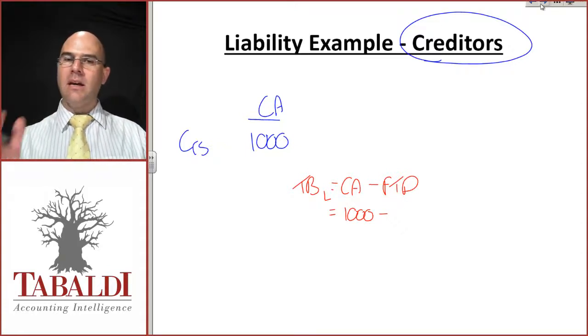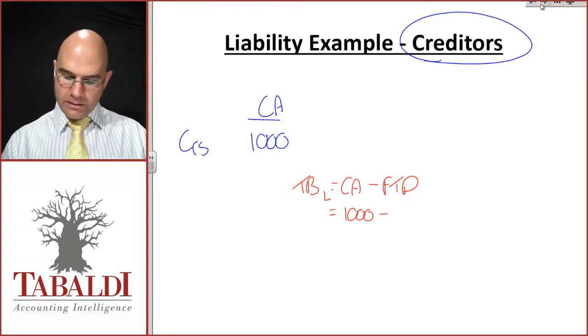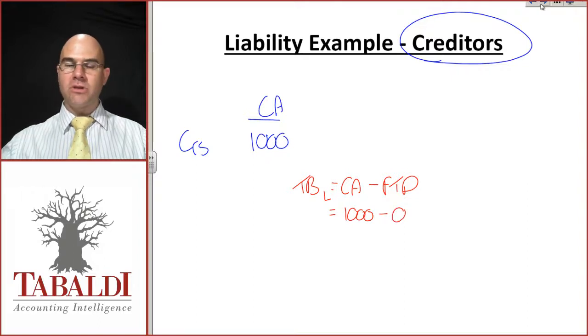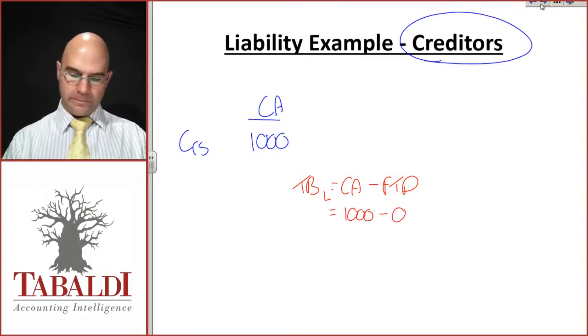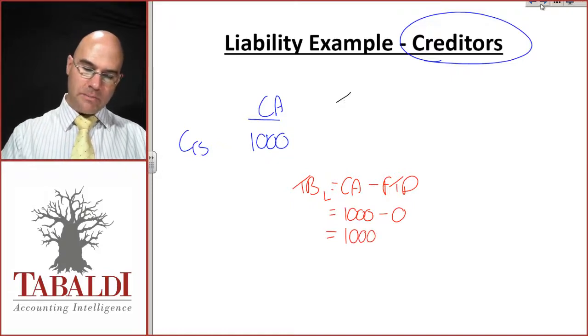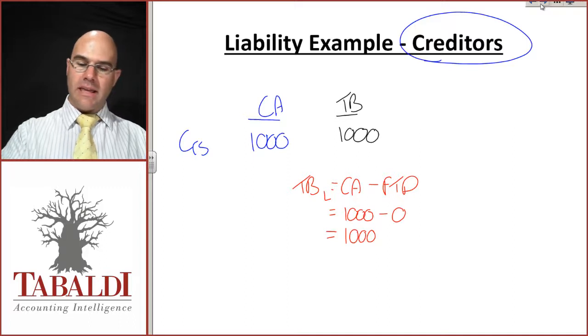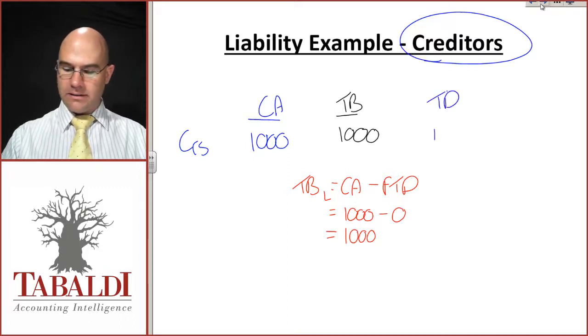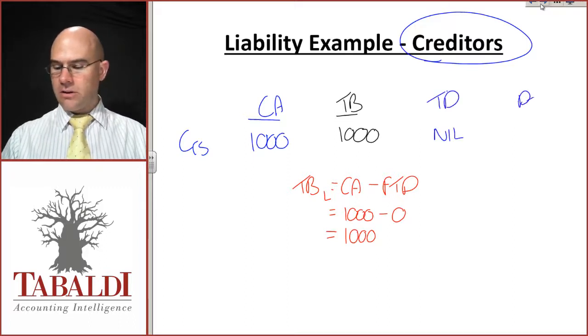Remember the tax authority gives deductions at the earlier of accrual, okay, or payment. So 1,000 minus 0. There's no future tax deductions left. They've already occurred. So tax base equals 1,000. Bring my tax base in here as 1,000. And straight away you can see that my temporary difference is nil, and there will be no deferred tax.